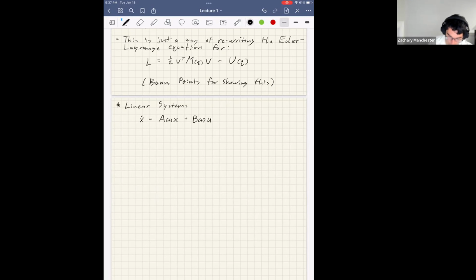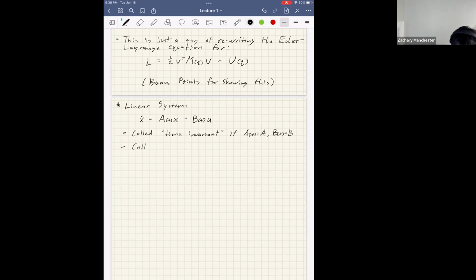I put time arguments on them because they're allowed to be functions of time. There are a few cases here. The linear system is called time invariant if A(t) equals some constant A and B(t) equals some constant B for all time. It's called time varying otherwise.